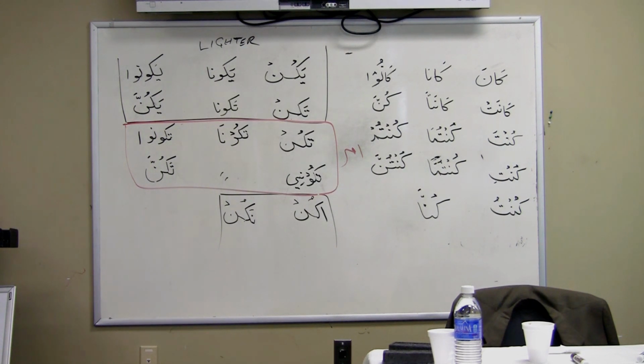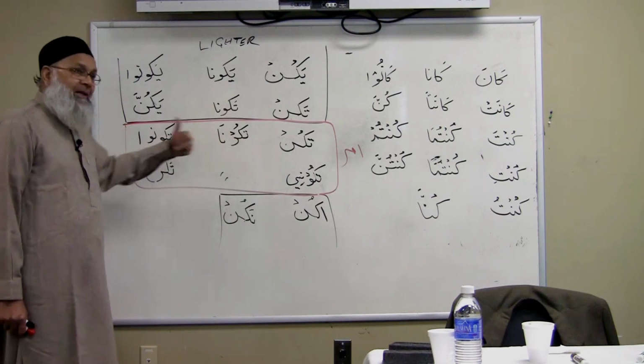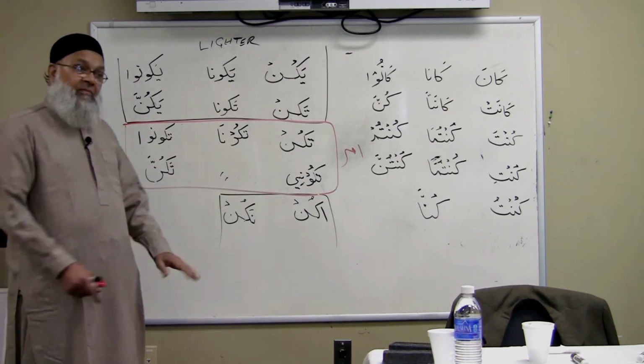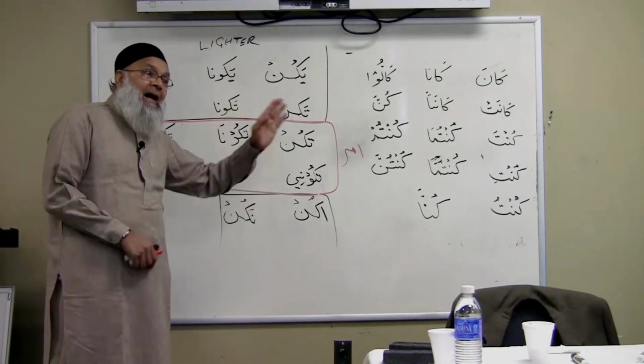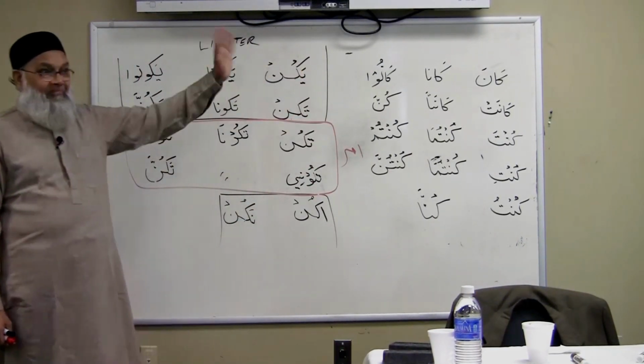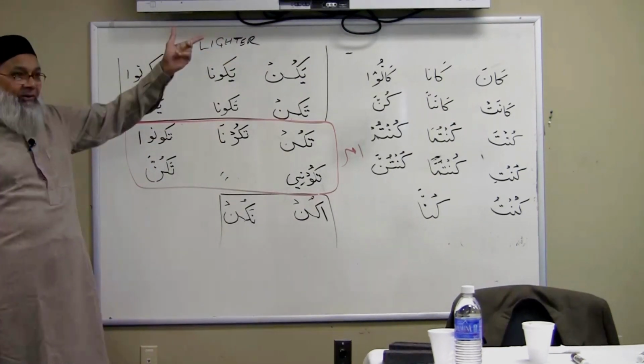Yansurna was the singular form, and yansurunna was the plural form. Tansuranna was the singular form, and tansurunna was the plural form. And then you have la before that. That will indicate that it is the nahi, don't. La for don't.